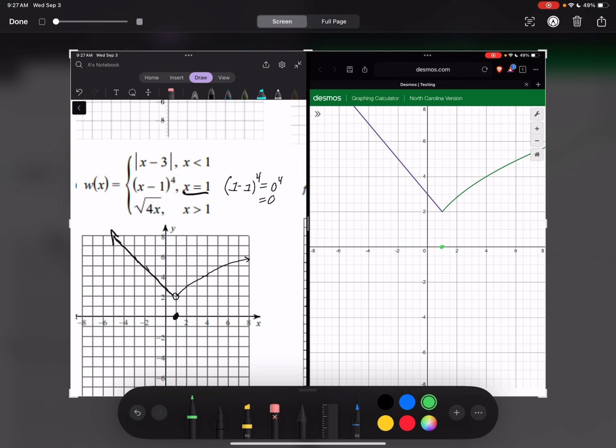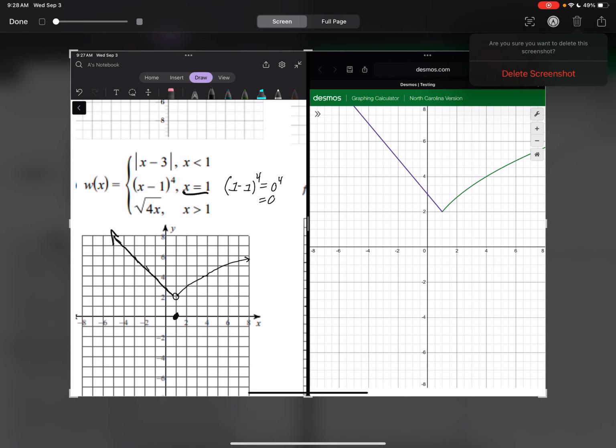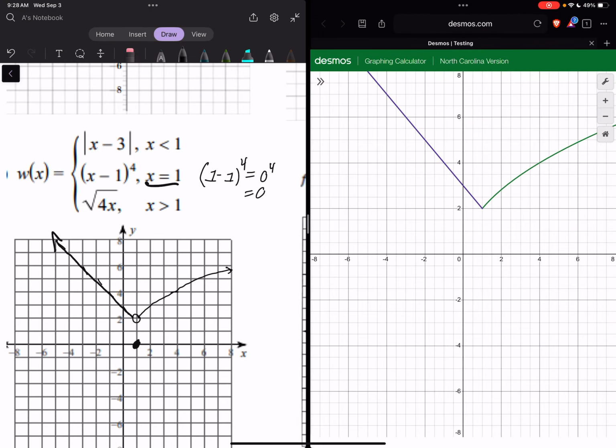Whenever we put a dot, we still have width and length, or height and width, however you want to say it. I mean, a dot cannot be graphed by Desmos, so you have to know how to find that dot for the x minus 1 to the 4th. Other than that, though, our graph does look correct, so we are good for this function.